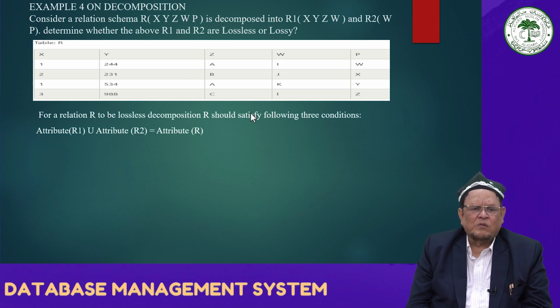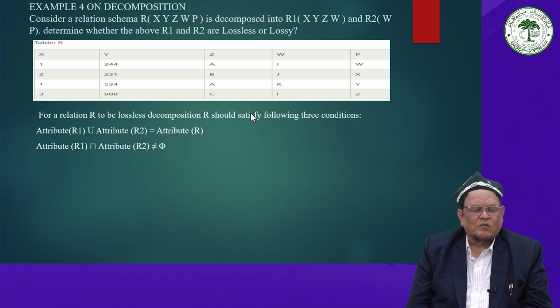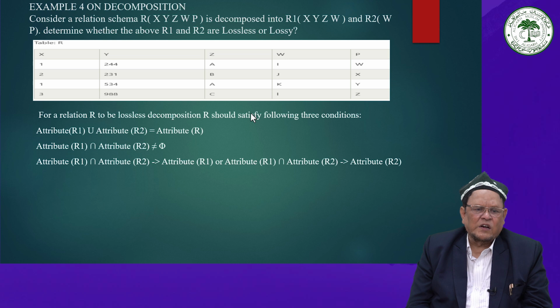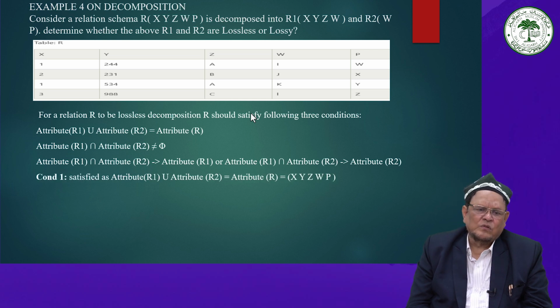Attributes R1 union attributes R2 must be attributes R. Attributes R1 intersection attributes R2 must not be phi, and attributes R1 intersection attributes R2 determine attributes R1, or attributes R1 intersection R2 determines attributes R2.